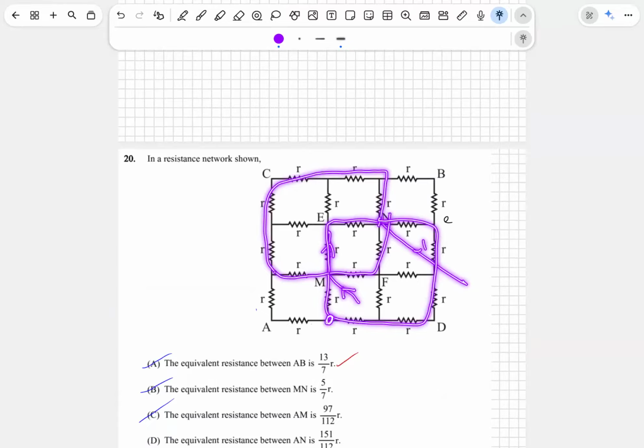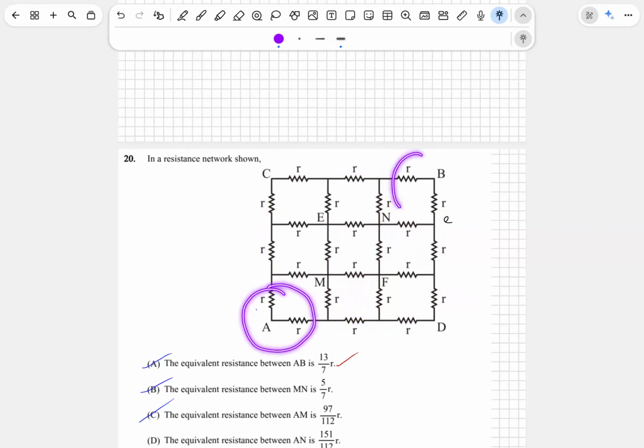So when these two are at same potential, why would the current go in this arm? The current won't go through this arm.